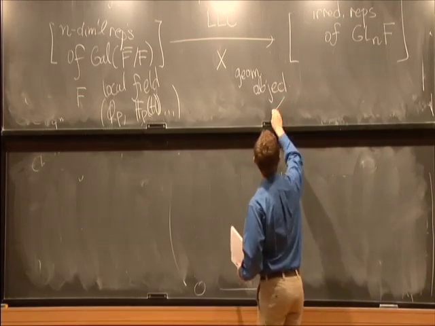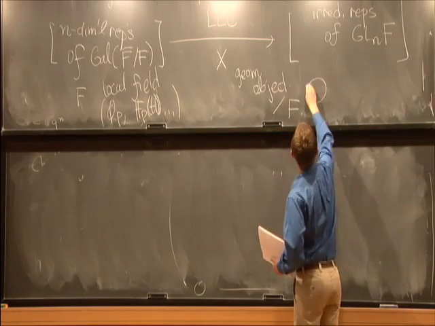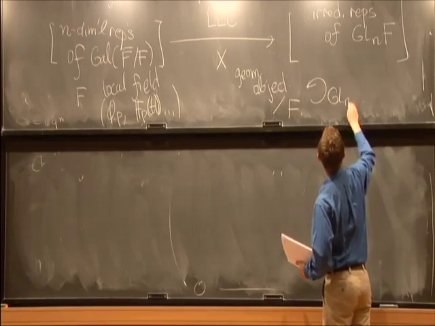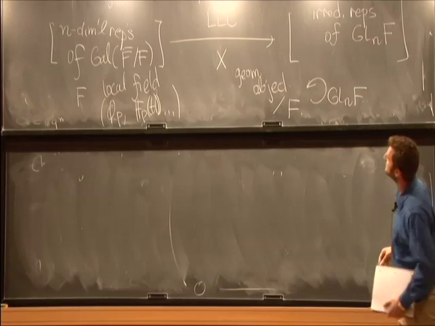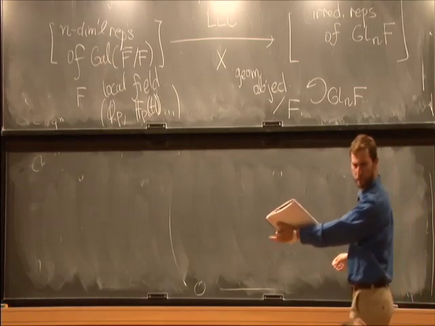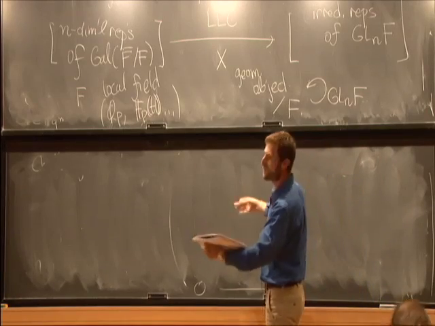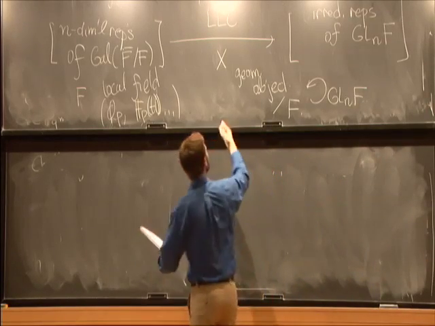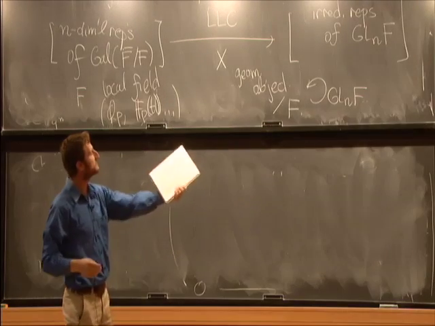So X is a geometric object over F, and it admits an action by GL n F. And here we are, we're trying to relate the representation theory of two groups. And here's sort of in broad strokes how you might do that. Here is this geometric object X that admits this action by the group.